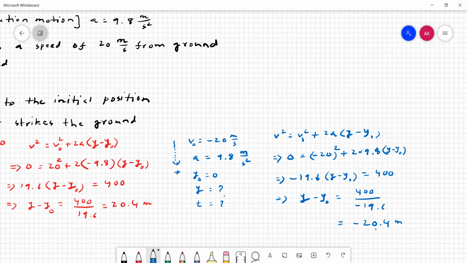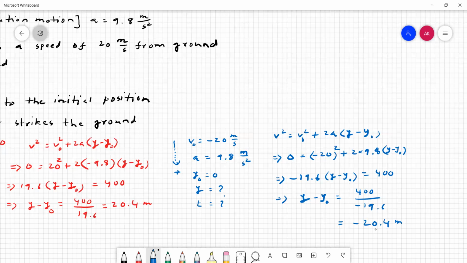Okay. So I guess for the answer for A, you could have even put plus or minus 20.4. Like you say, it doesn't matter. Because minus 20.4 only means that the displacement is in the upward direction, because we have chosen downward to be positive. Based on the coordinate axis, acceleration is plus 9.8 and initial velocity is negative 20.